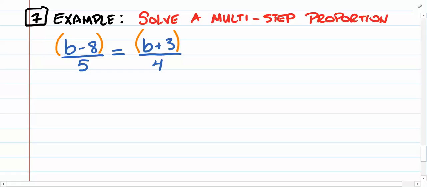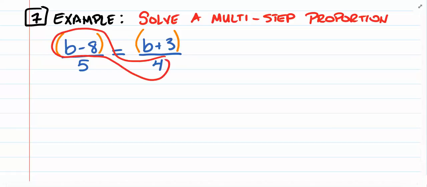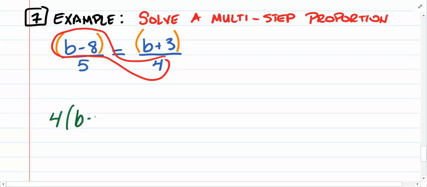We're going to use the cross product, so I'm going to multiply 4 times that whole number, b minus 8, so it would look like this when you write it out. 4 times the product of b minus 8 has to equal, well, the other side, of course, is going to be 5 times the whole product of b plus 3.